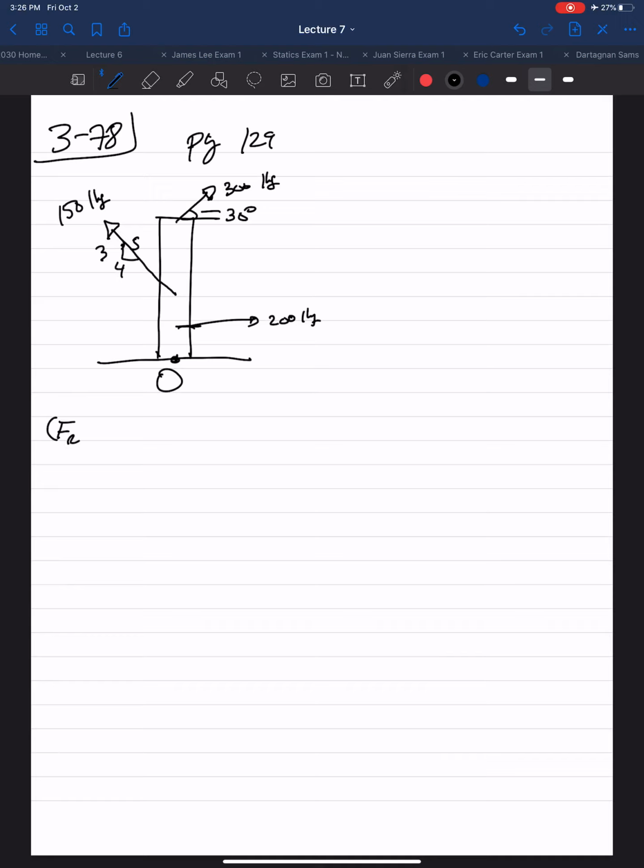So our resultant force in the x direction, sum of all my forces in the x direction. So that'll be 300 times cosine of 30. Let's write that in a little neater. Plus 200-pound force minus 150-pound force times the 4/5 leg ratio.